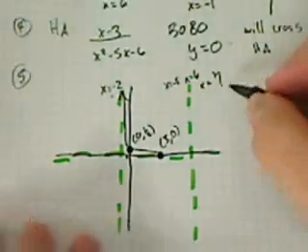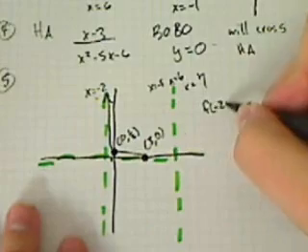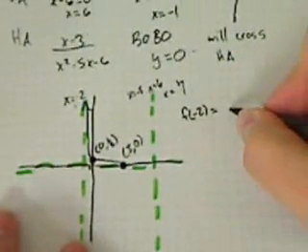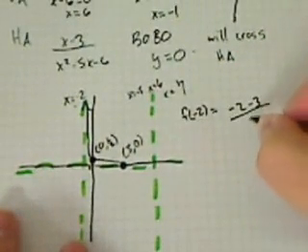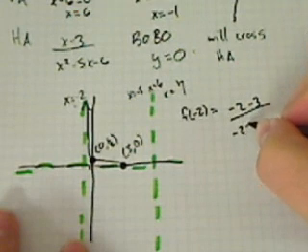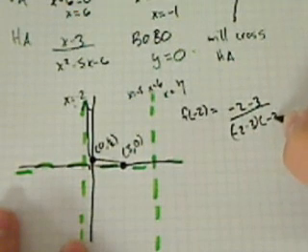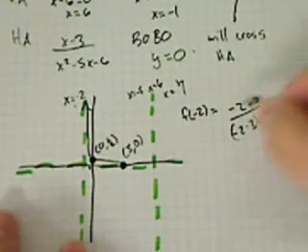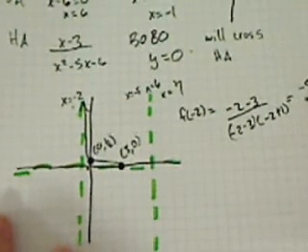For f of negative 2, I'm going to use my factored form: negative 2 minus 3 would be negative 5, and negative 2 plus 1 would be negative 1.